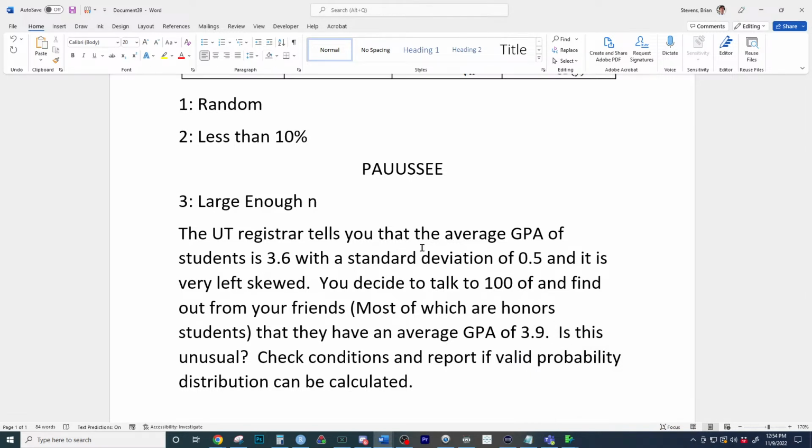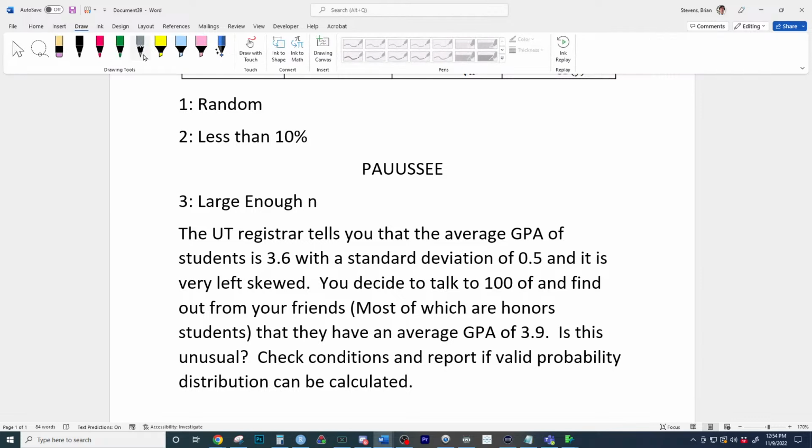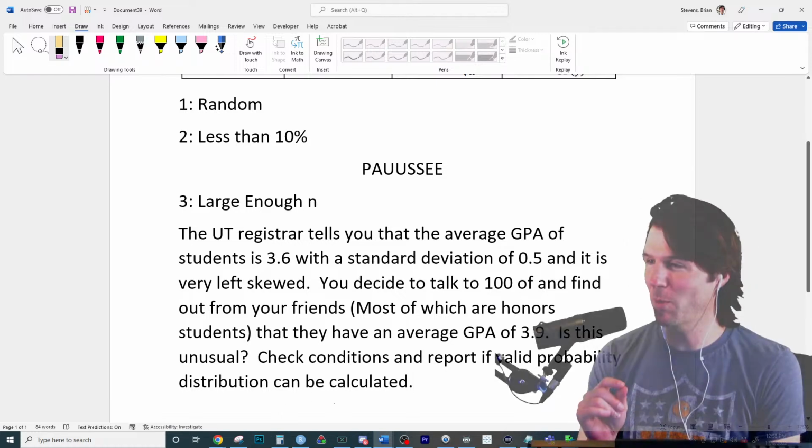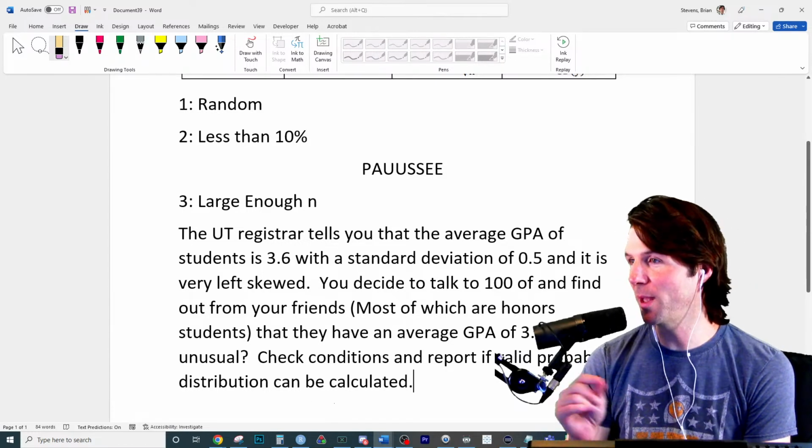The randomness, exactly. The randomness has a problem, because if you're going out and talking to your friends, most of which are honor students, randomness is not going to be met. So we didn't talk to 100 random people. We used to write test questions like this as written tests, and these would be trick questions where you're supposed to immediately say, nope, can't do it.